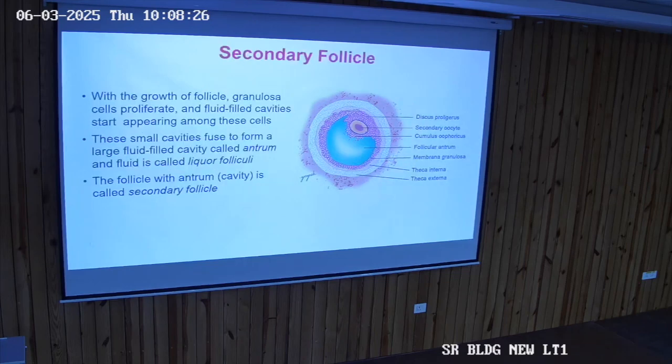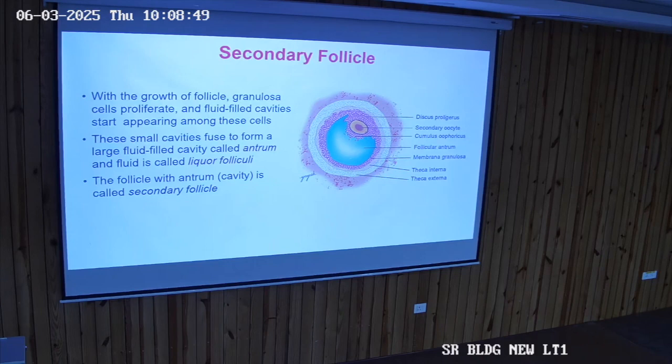What else happens is the size increases and leads to the formation of the secondary follicle. So till the primary follicle, theca externa and theca interna have been formed. Now the cells which are surrounding the follicle, the cells around the ova, differentiate on two sides.